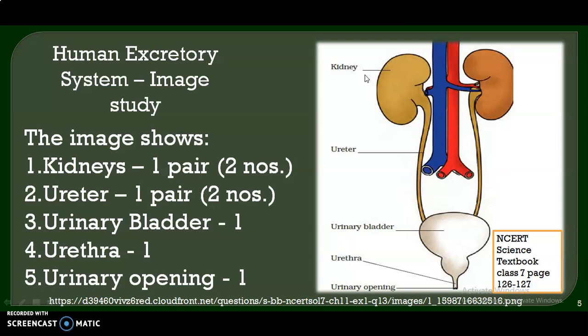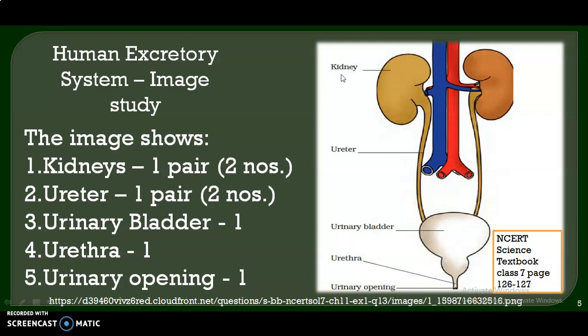Human excretory system consists of different parts such as kidney, ureter, urinary bladder, urethra, and urinary opening. I'm repeating the parts and you should repeat along with me.